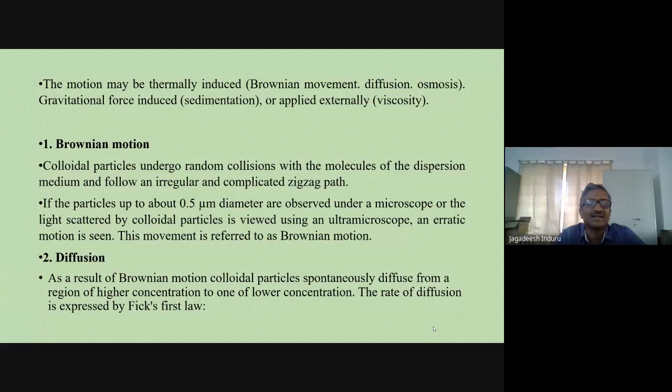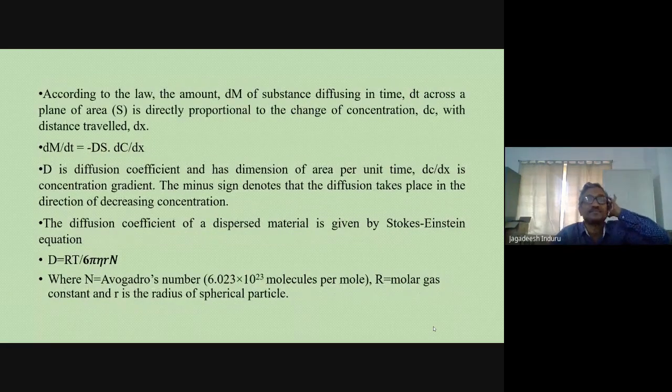What that law says is that the amount dm of the substance diffused in a time dt across the plane of area, having surface area S, is directly proportional to the change in concentration dc with the distance traveled dx.